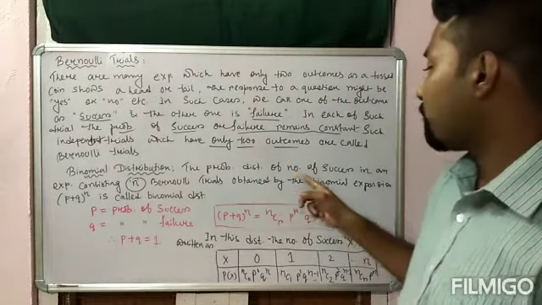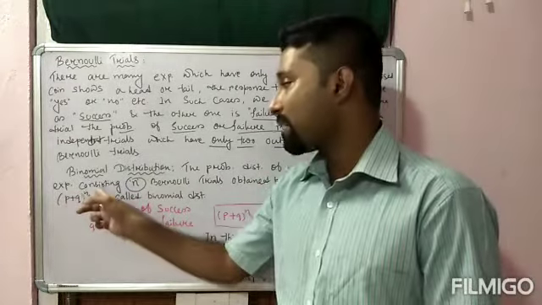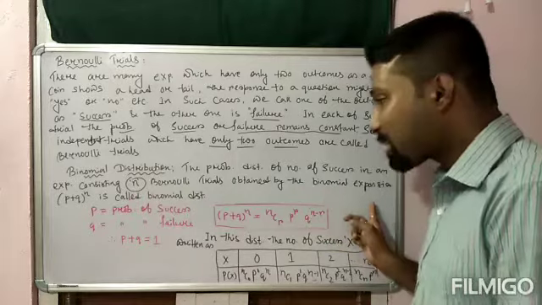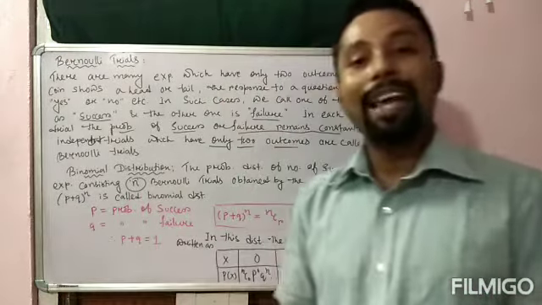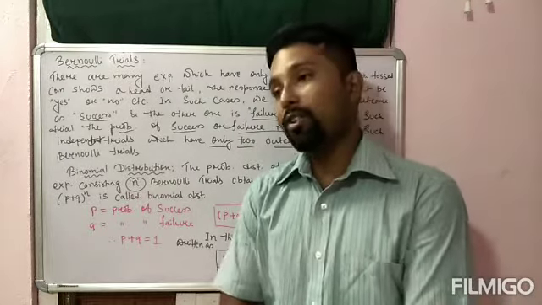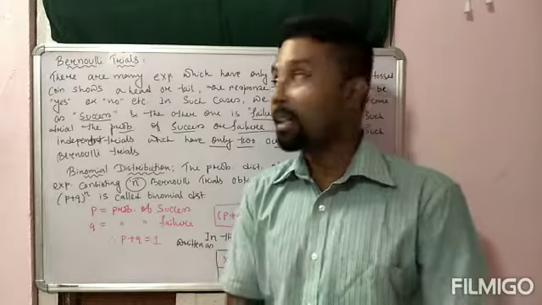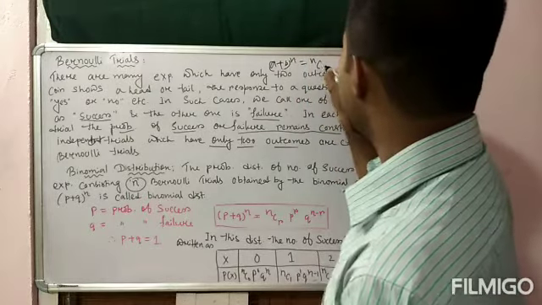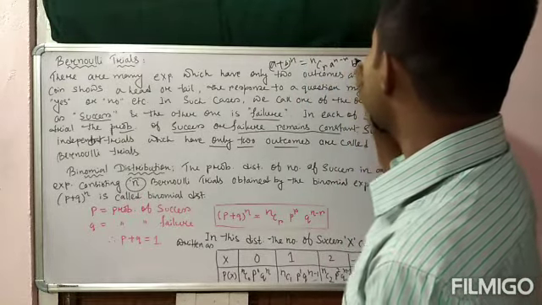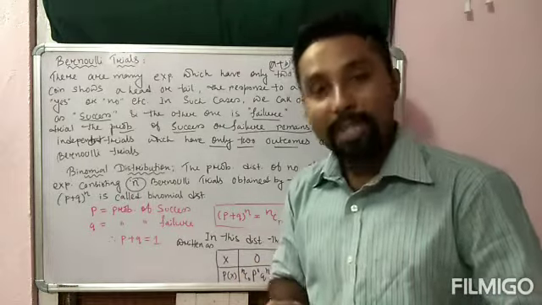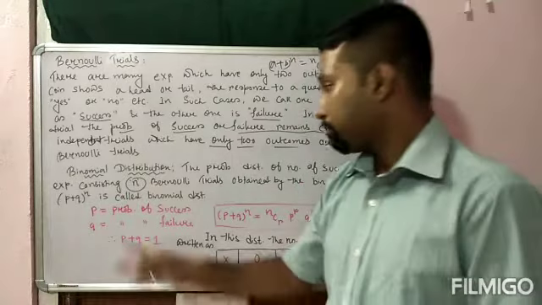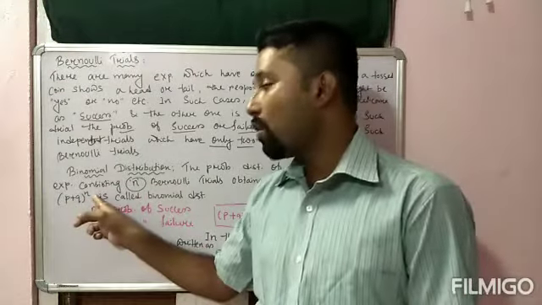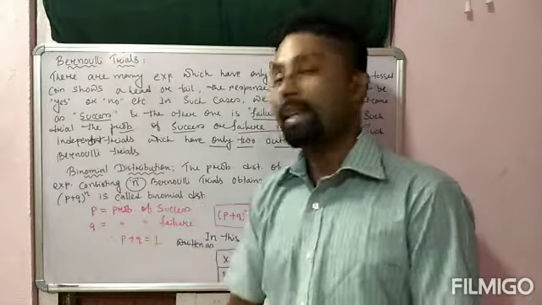The probability distribution of the number of successes in an experiment consisting of n Bernoulli trials is obtained by the binomial expansion (p + q)^n. Here p and q are taken. Like the general term formula of the binomial theorem for (a + b)^n is nCr a^(n-r) b^r. The same formula will be repeated here. So the distribution consisting of n Bernoulli trials obtained by the binomial expansion (p + q)^n is called binomial distribution.